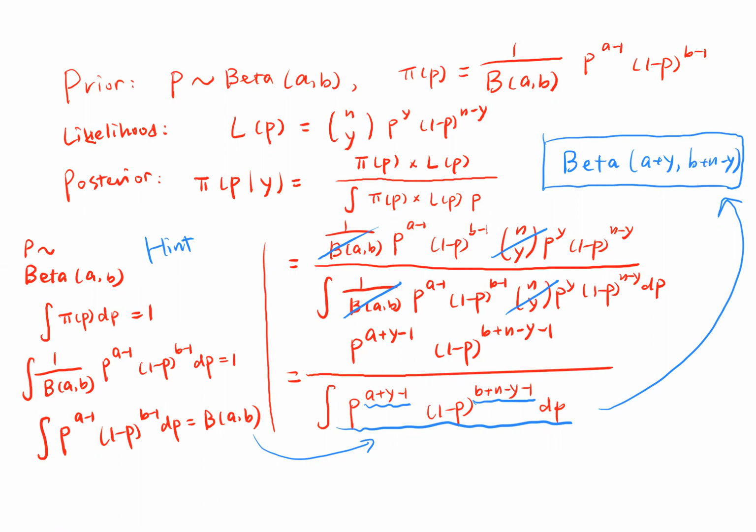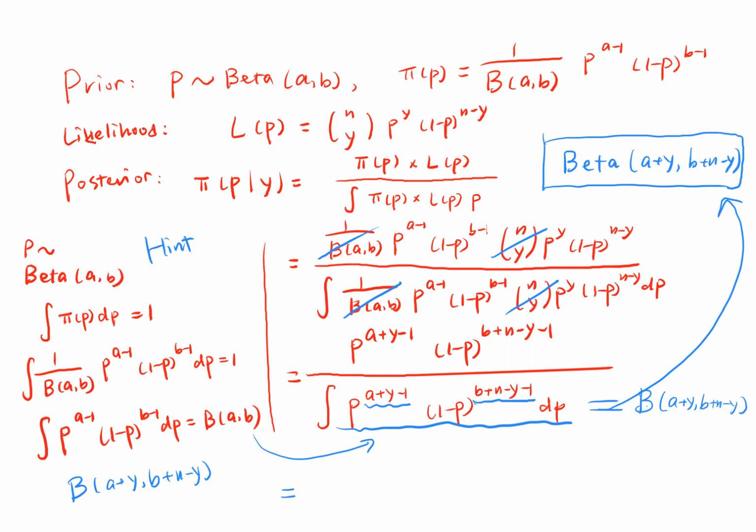So what should we recognize this as? It should be B(A + Y, B + N - Y). That will be the function that we can integrate this out. So the denominator will become B(A + Y, B + N - Y).